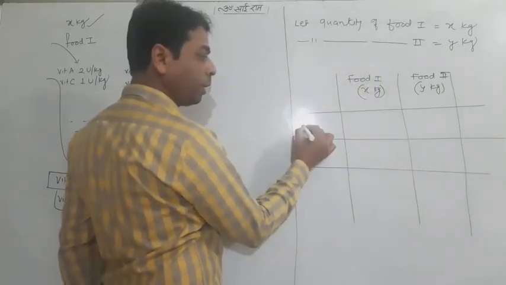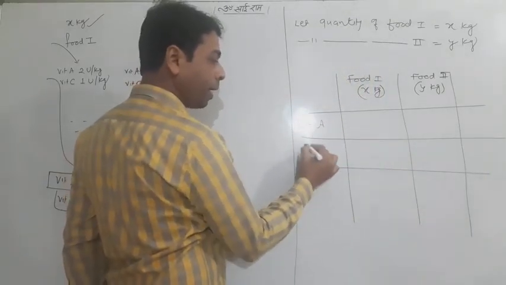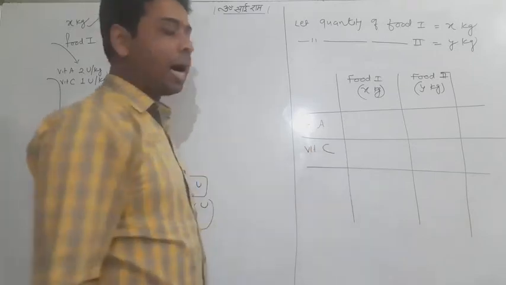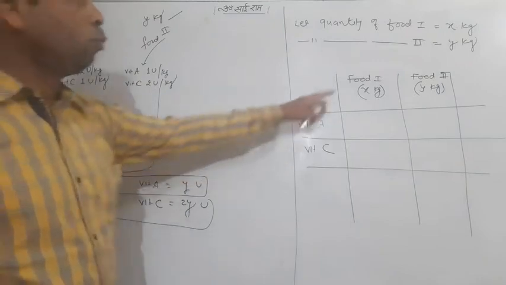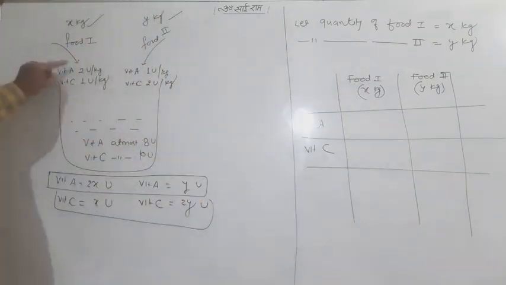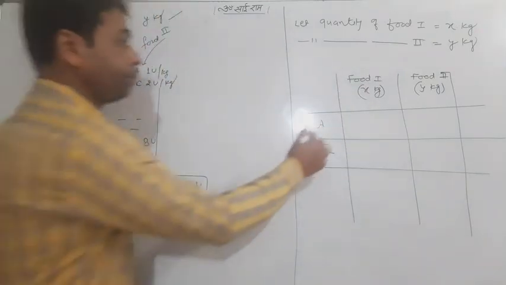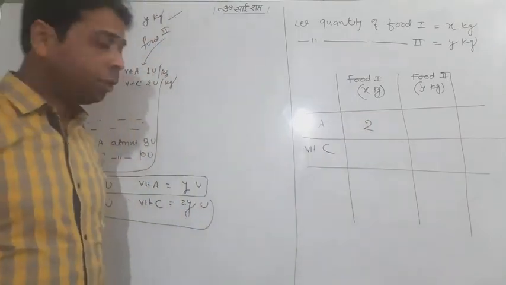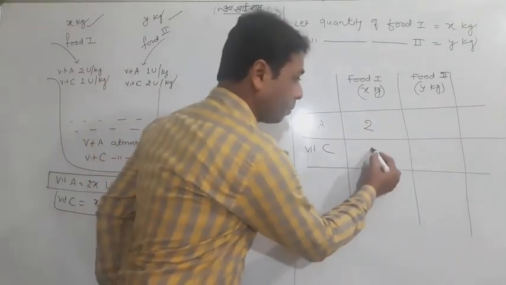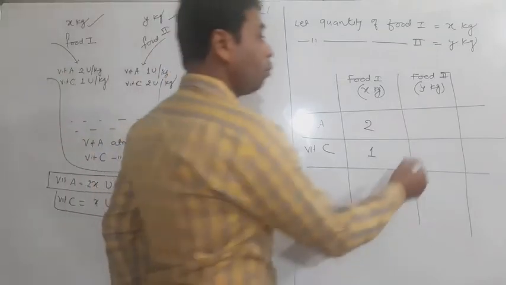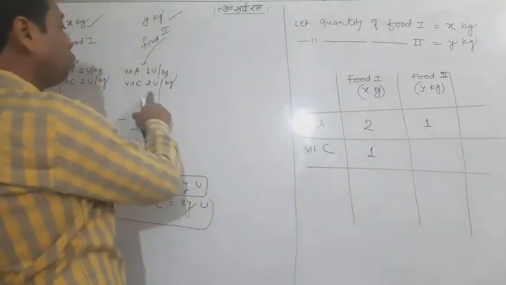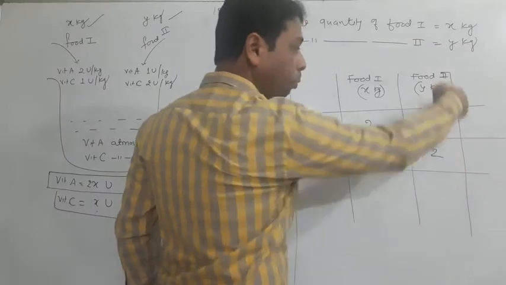This is vitamin A and vitamin C. Now I will write here the per kg quantity. Look at vitamin A in food 1: 2 units per kg, and vitamin C in food 1: 1 unit per kg. Food 2: vitamin A 1 unit per kg and vitamin C 2 units per kg.